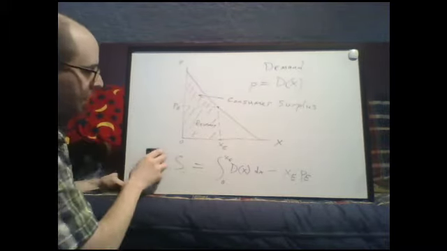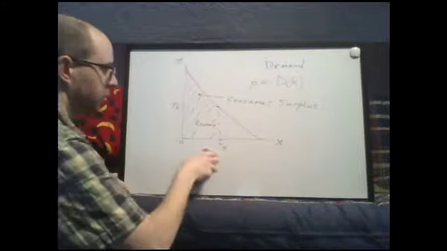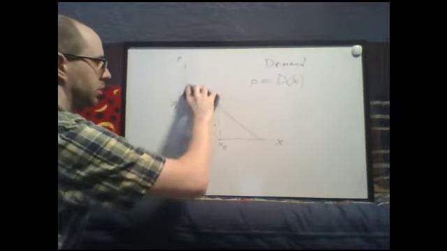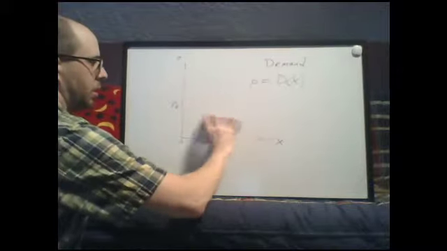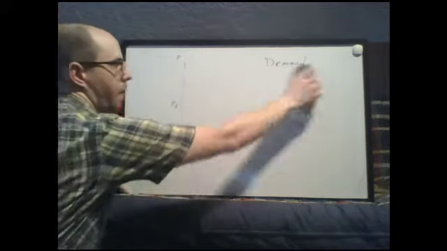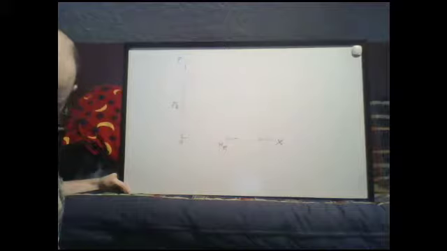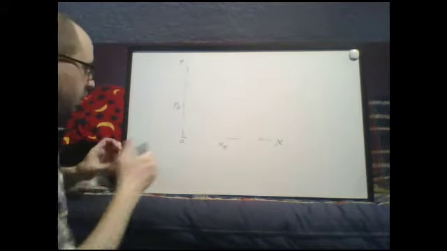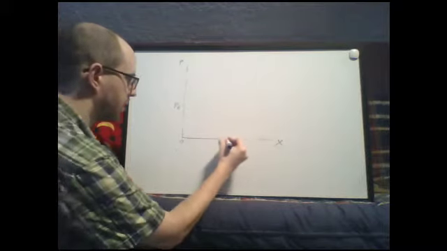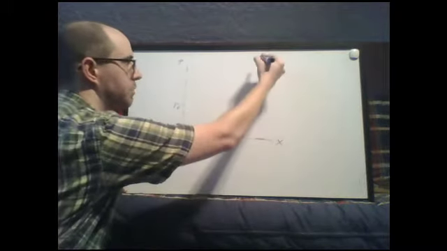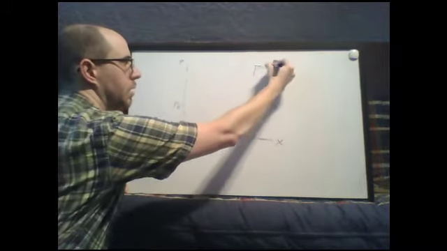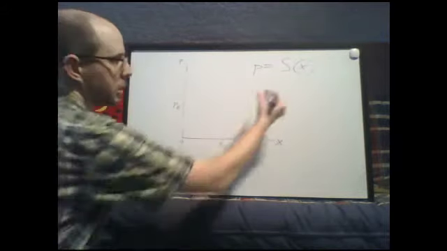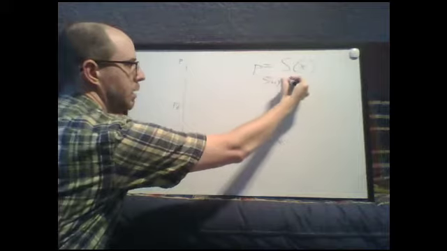All right, so let's erase some of this stuff. I don't want the curve. Okay, so now we have a supply curve. P is equal to S of X. This is the supply.